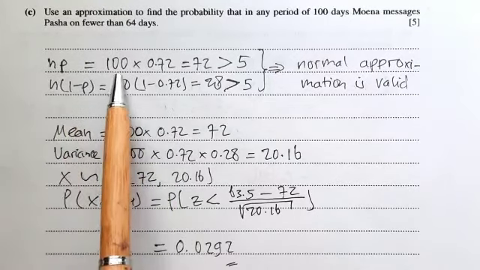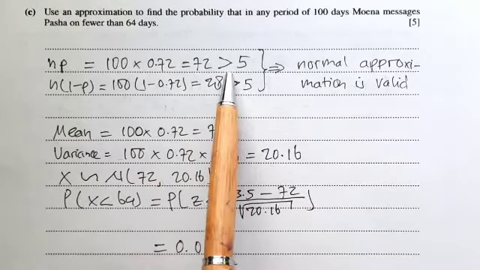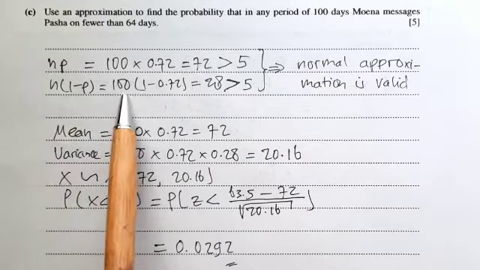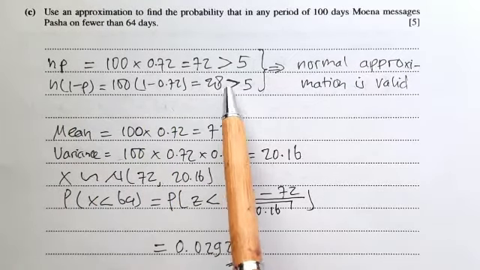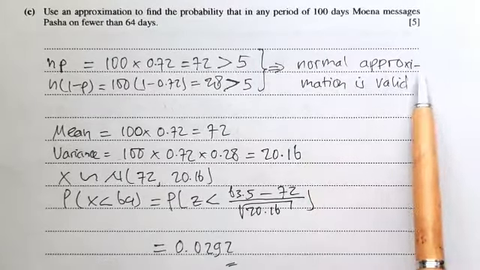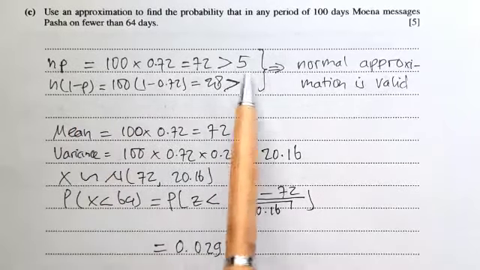Thus, n times p, that is 100 times 0.72 equals 72, is more than 5. n times q, or n times 1 minus p, that is 100 times 0.28 equals 28, is more than 5. Since they are both greater than 5, the normal approximation is valid.